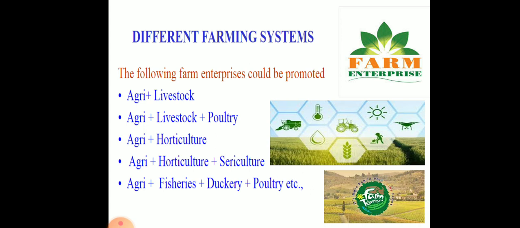Silk from the fiber cocoon of an insect, okay? O pwede ring agriculture plus fisheries plus poultry, plus you were to raise ducks, and now will complement an integrated farm. So the integration of two farm enterprises, hindi lang iisa.